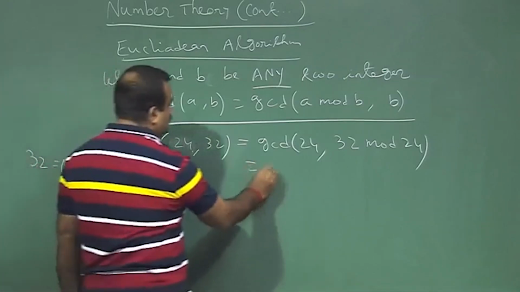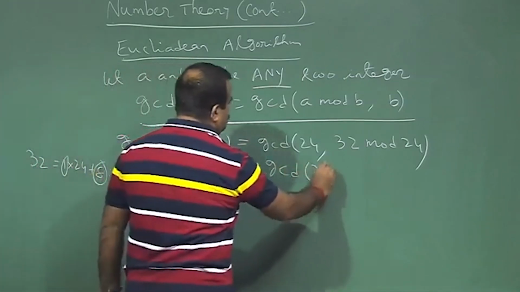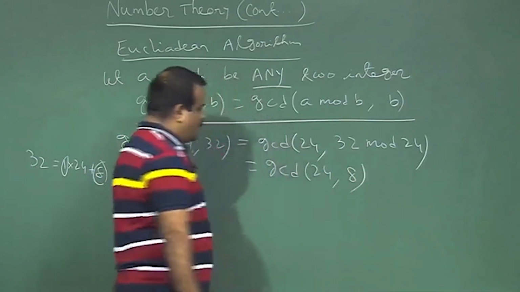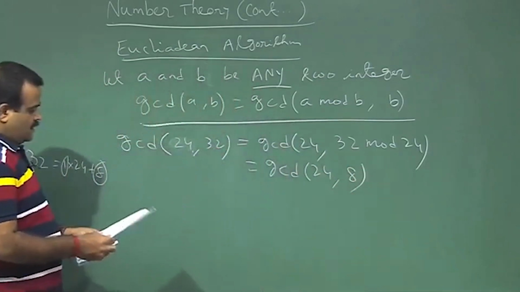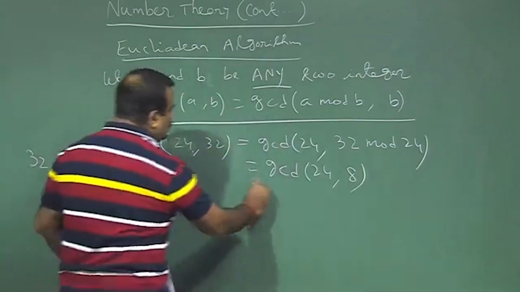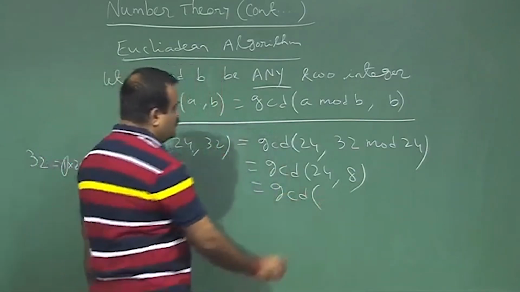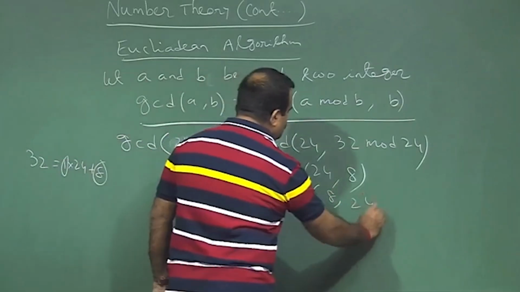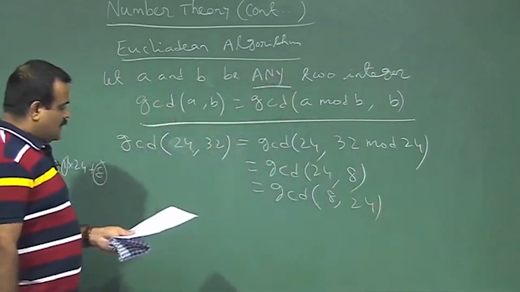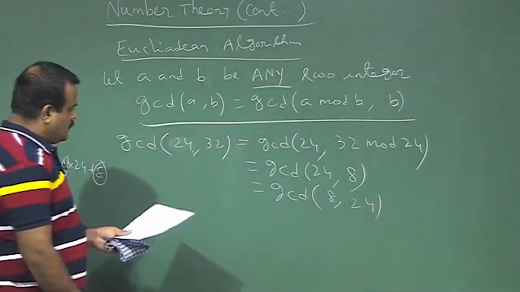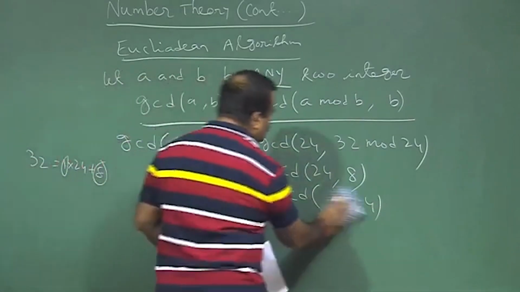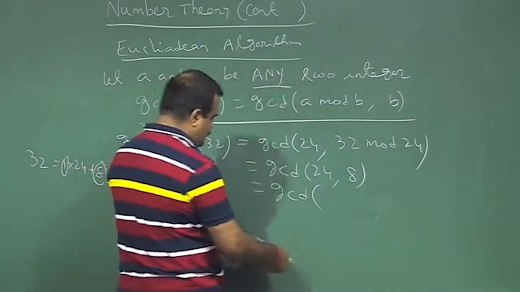So, this is basically GCD of 24 comma 8. Again, GCD of a, b is basically GCD of b, a, so we can just take it there.